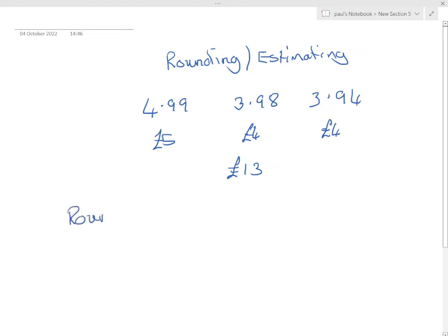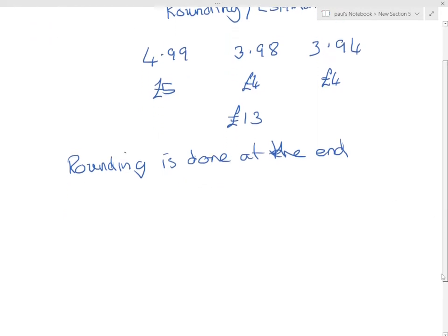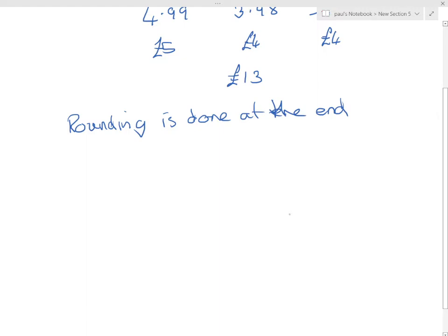Rounding is when you're rounding the numbers like this, and rounding is done at the end of a calculation. Do not do it before you calculate. So say you're calculating the volume of the town hall.